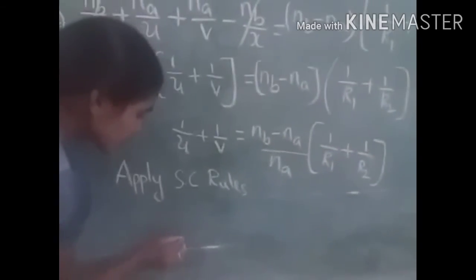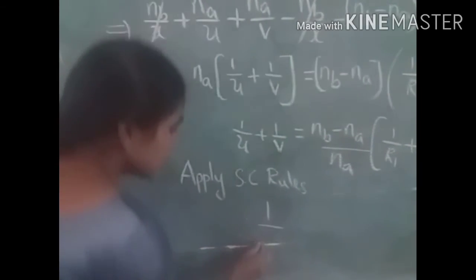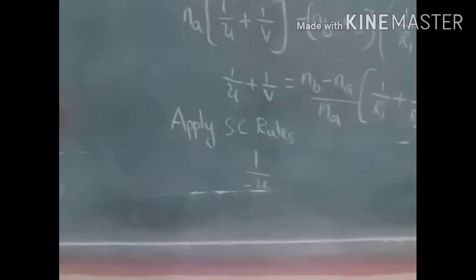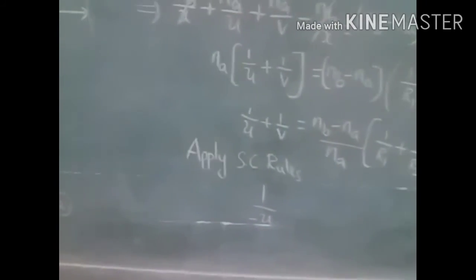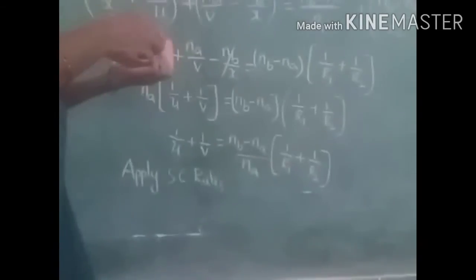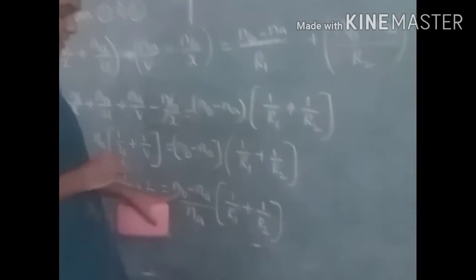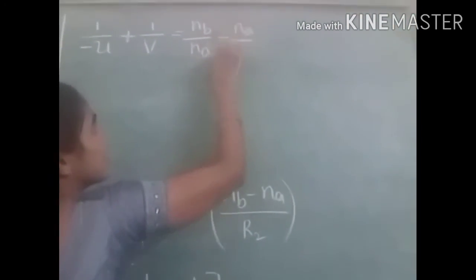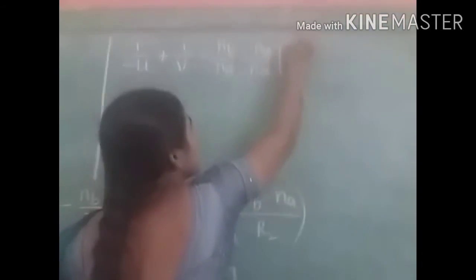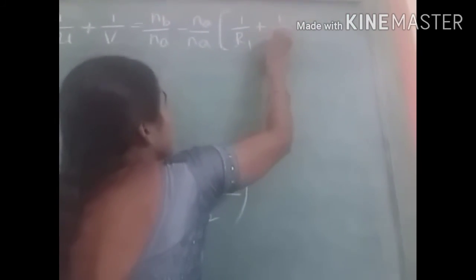Then we get U as negative, so in place of U we will write minus U. So 1 by U is negative, so 1 by minus U plus 1 by V is equal to, we split this NA denominator to both terms, then we get NB by NA minus NA by NA of, R1 is positive and R2 is negative, so 1 by R1 plus 1 by minus R2.